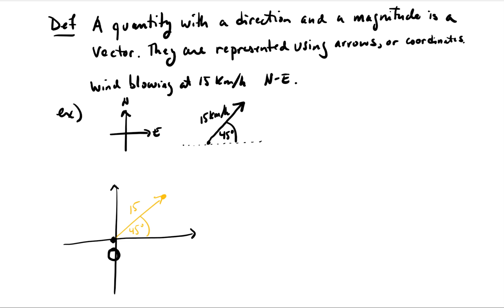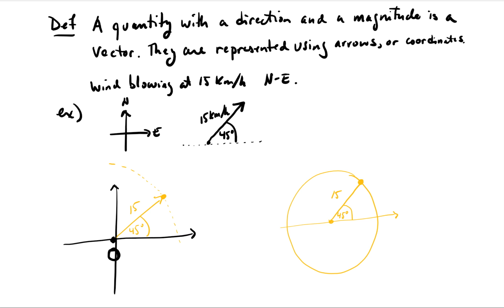So the tip of the arrow, which is called the head, would be located on some circle of radius 15. And the wind is making essentially an angle of 45 degrees with the x-axis, because the positive x-axis is pointing in the direction of the east.